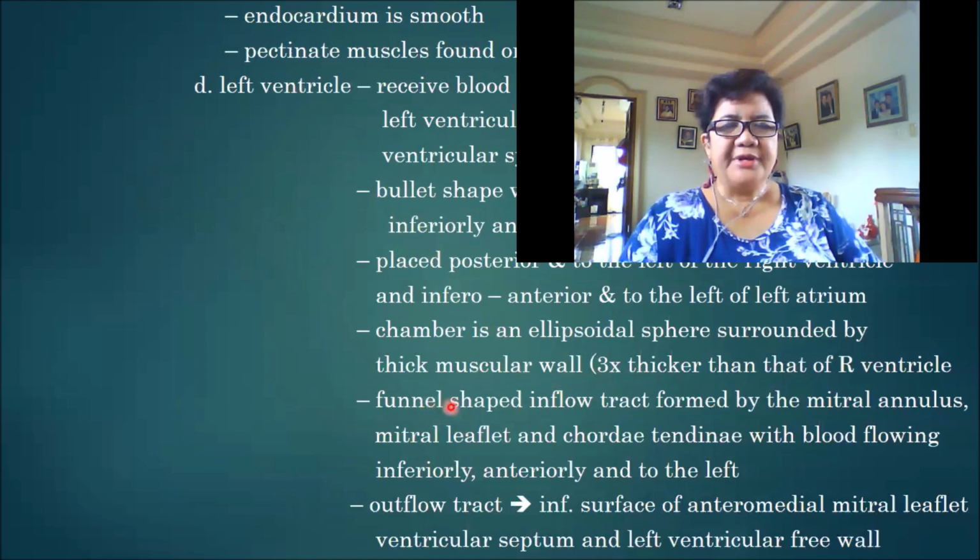Now, the funnel-shaped inflow tract is formed by the mitral annulus, mitral leaflet, and chordae tendineae, with blood flowing inferiorly, anteriorly, and to the left. So again, there is a specific tract which the blood will follow whenever there is contraction, whether it is inflowing or outflowing.